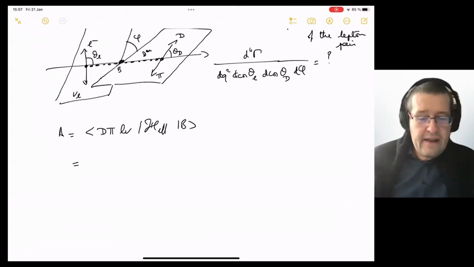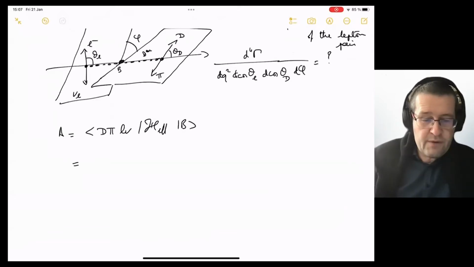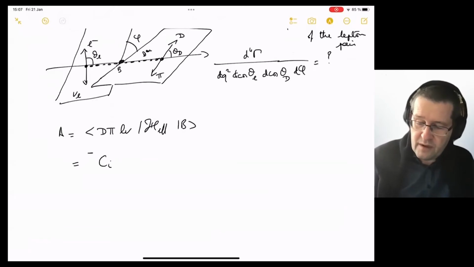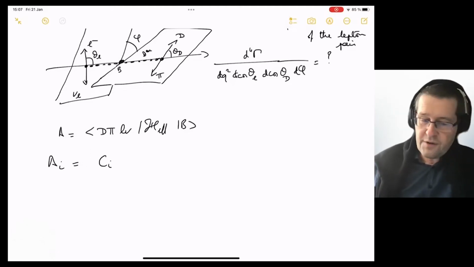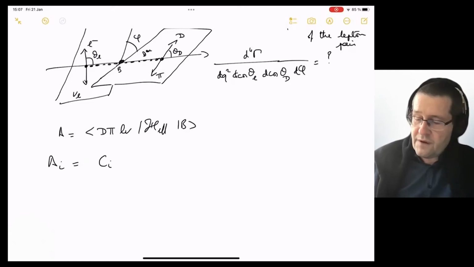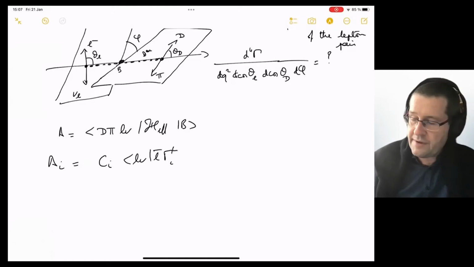And then, if you're focusing on the contribution from one specific operator, you will have a Wilson coefficient, a term that will be just given to you by the bilinear corresponding to the lepton part.